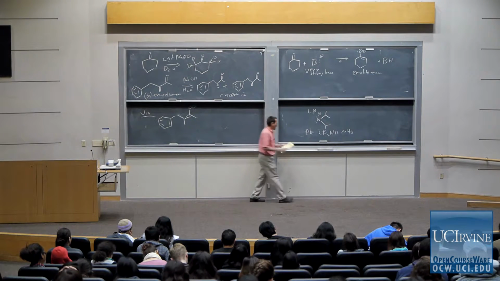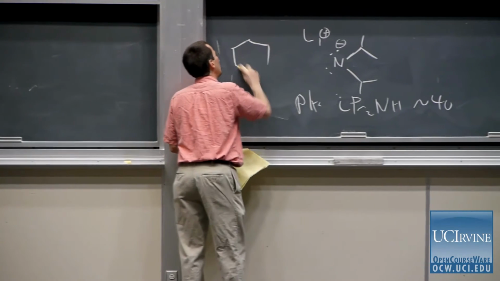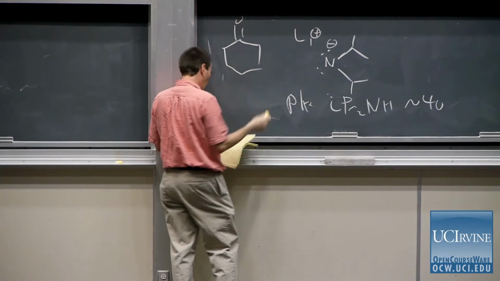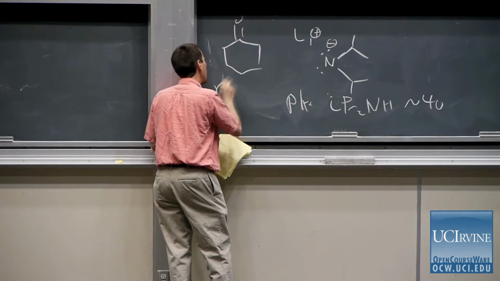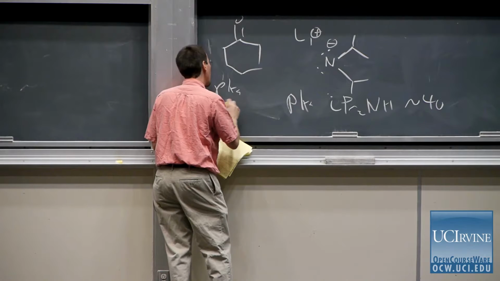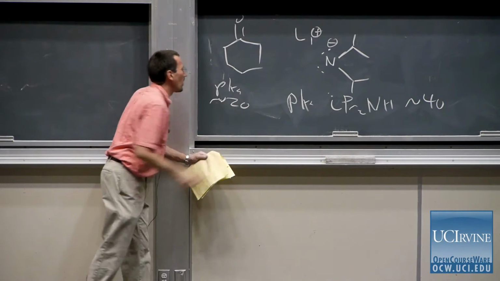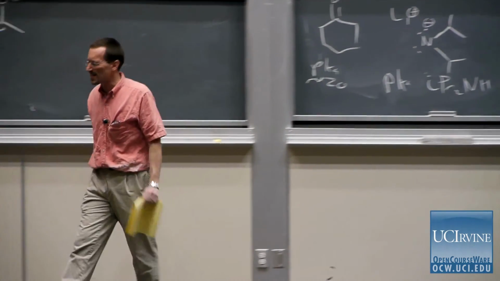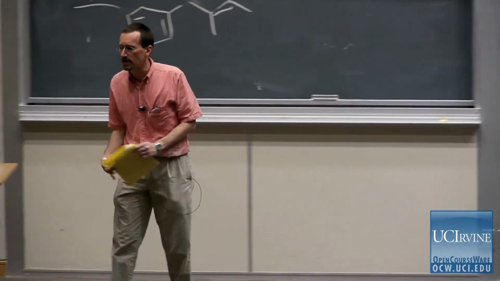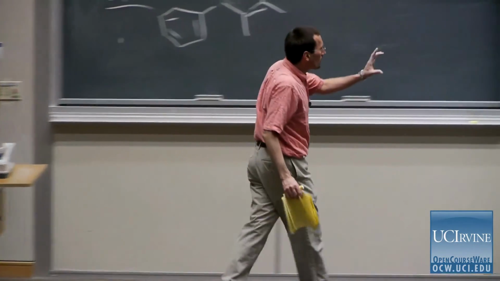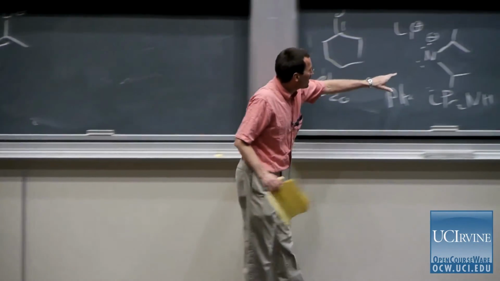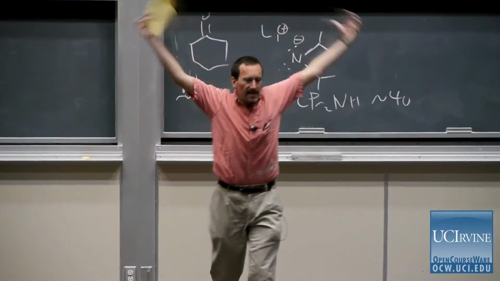Remember, we're comparing: I said if you want to keep one number in your head, keep 20 for the pKa of a ketone. That's actually the pKa of cyclohexanone to within a unit, but again, just keep that number in your mind. The other thing that's really important about the diisopropylamide anion is it's big.